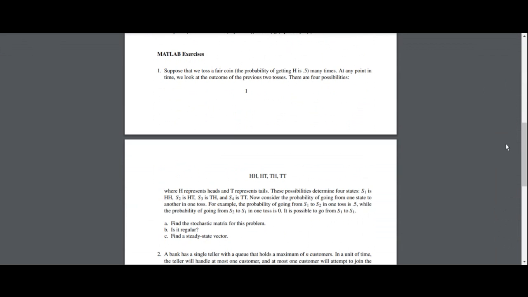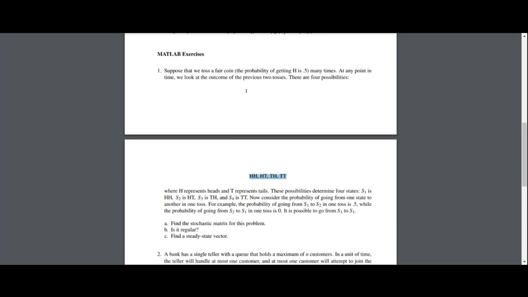In MATLAB assignment number 1, they talk about tossing a fair coin, and at any point in time we look at the outcome of the previous two tosses. There are 4 possibilities: HH, HT, TH, TT. HH would be getting a head followed by a head on the coin tosses.